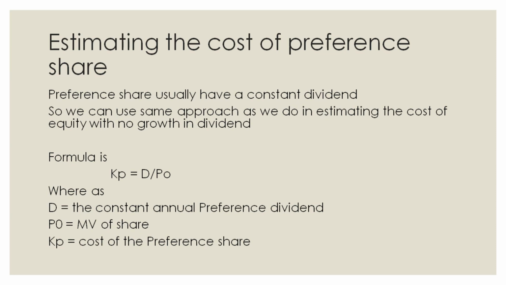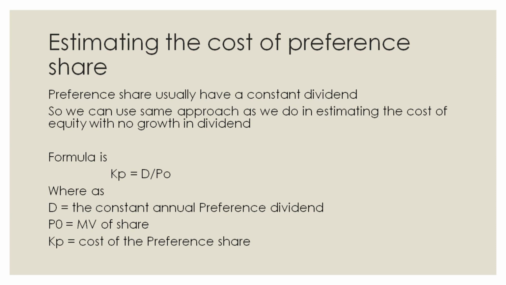If you are not aware of what is cost of equity and how to calculate cost of equity when there is no growth in dividend, please go back to the first part of this video. It is available on my YouTube channel. I also provide a link on this video.